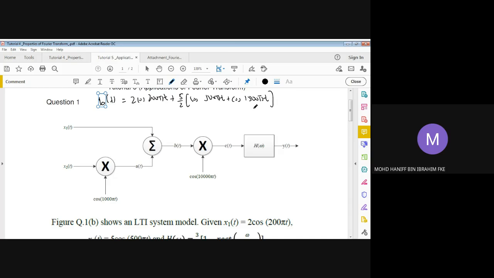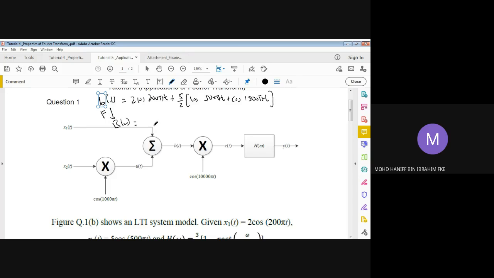Okay, so for this BT, we can straight away transform into the Fourier transform, B omega capital. Okay, because these three cos are standalone. So supposedly based on this, we are supposed to have 4 impulses, yeah, 4 impulses.